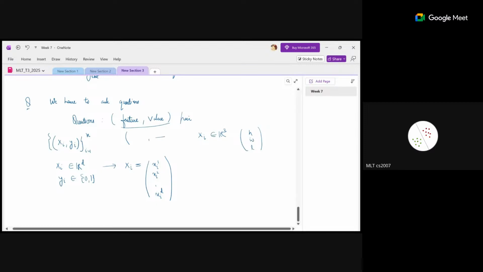So maybe the first question that we thought to check is whether the length is greater than 150 centimeter. There are many questions possible based on what your data set has, how many features, how many values. There are various questions that are possible to ask.